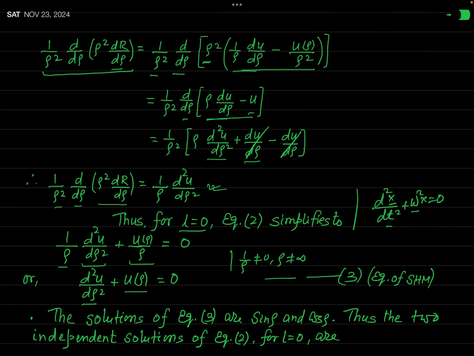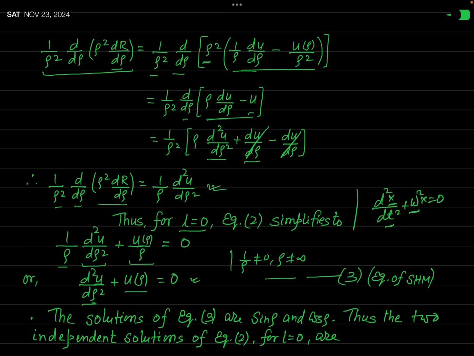So this is oscillation of x with respect to time. Here there will be oscillation of u with respect to rho, and in place of omega square there is 1. So you can say that this represents a simple harmonic oscillation of the quantity u with respect to rho with cyclic frequency unity.